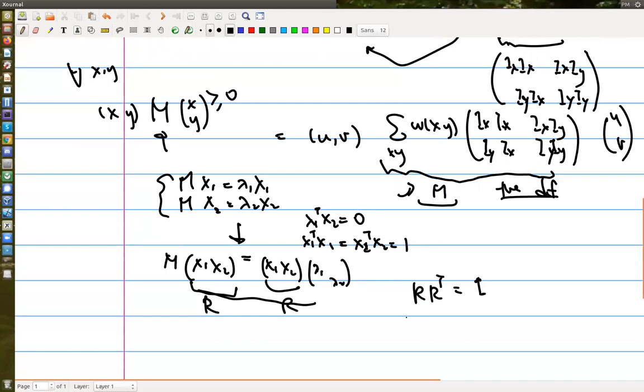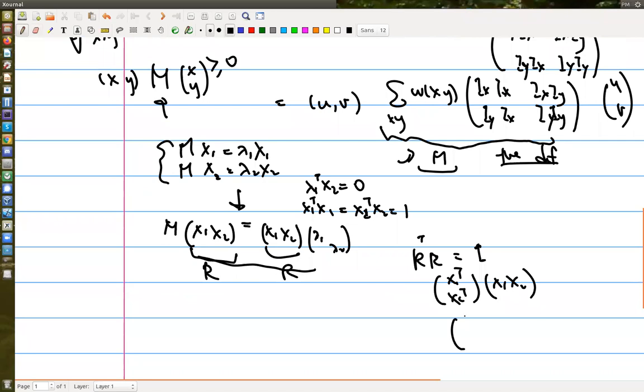For example, I can verify that R is [x1, x2], and R transpose is [x1 transpose; x2 transpose]. Maybe I better do it in this direction. Even though it's still the identity, maybe this direction is easier to illustrate. So I have x1 transpose, x2 transpose, times x1, x2.